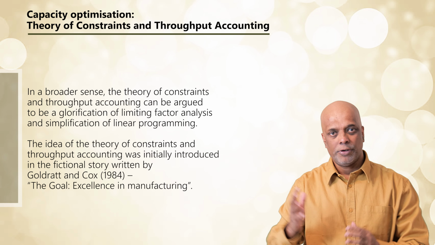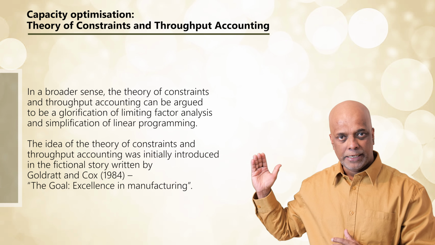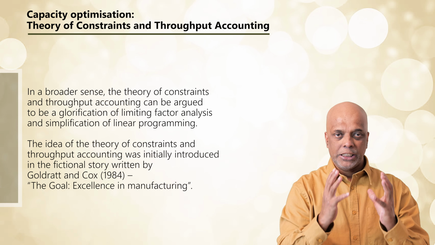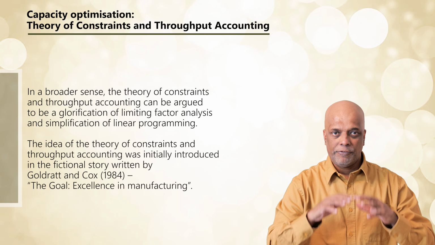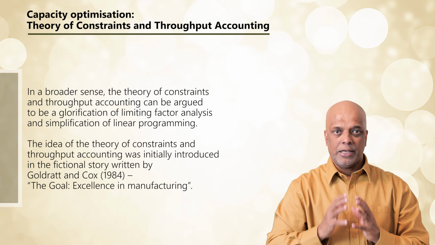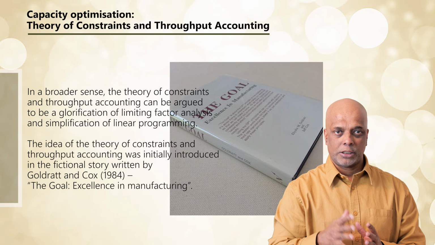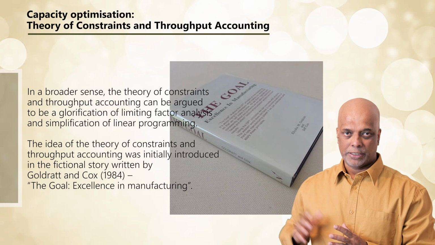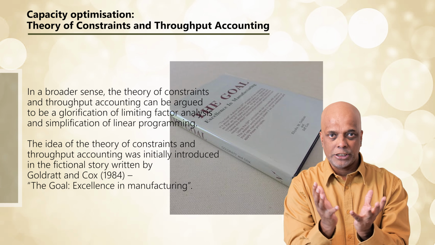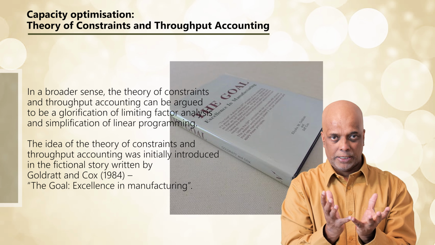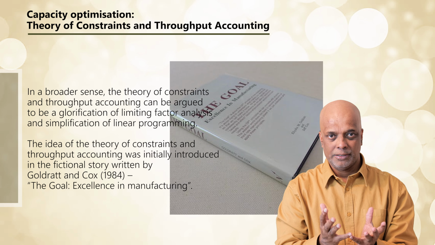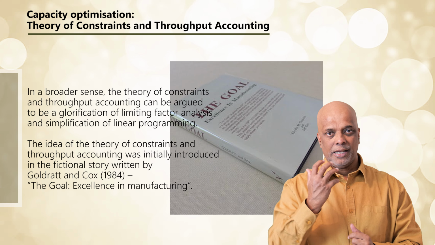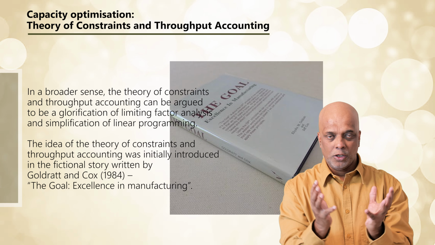And this idea of theory of constraint and throughput accounting was initially introduced by a fictional story, a novel written by Goldratt and Cox, The Goal: Excellence in Manufacturing. This was a fictional story of a particular manufacturer, an entrepreneur, who has a problem of capacity optimization.